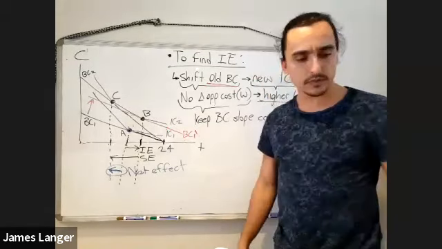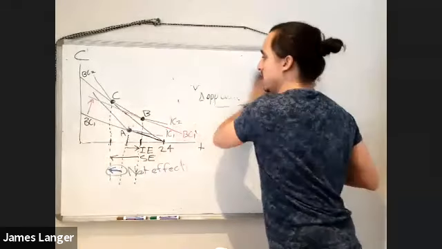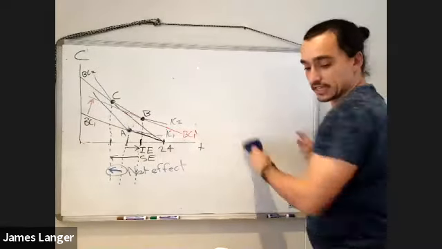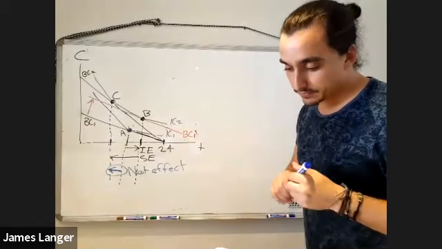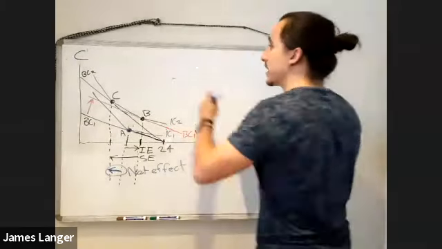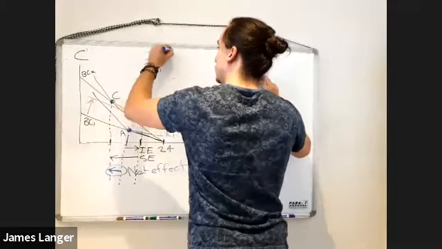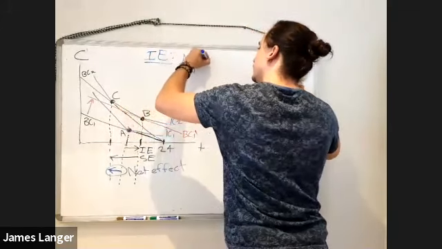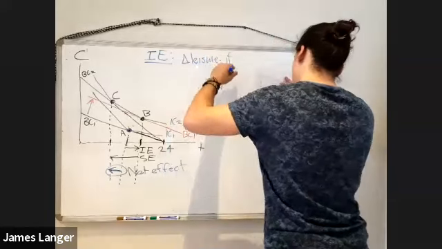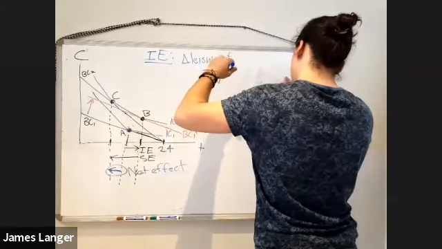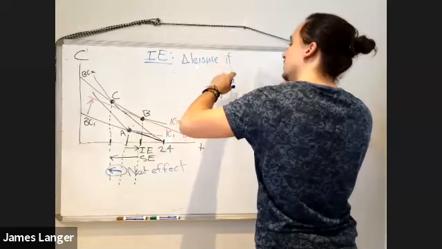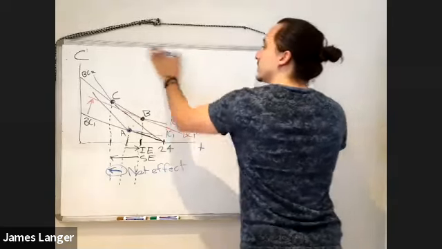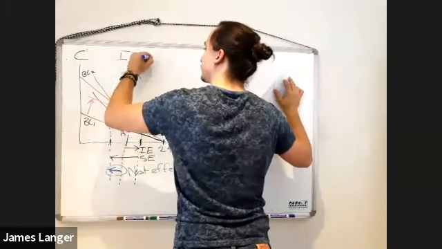So I'm just going to write a few more notes here about this thing. So essentially, how do we see the income effect? The income effect is the change in leisure... So, sorry, let's actually write it out a bit better.